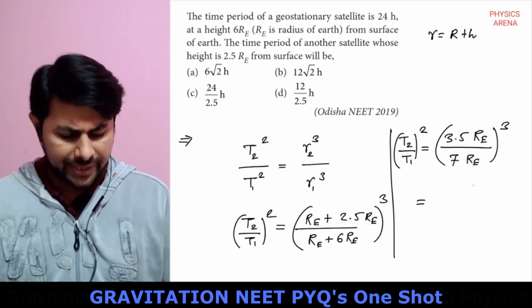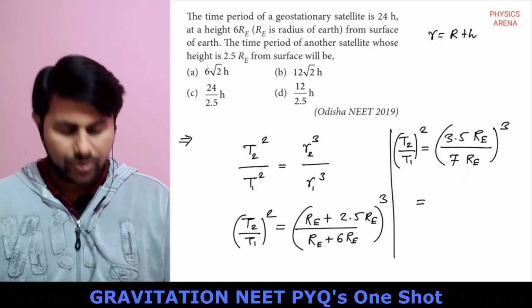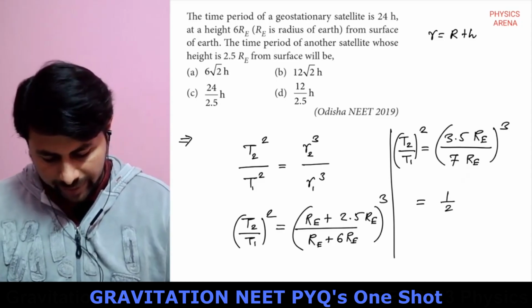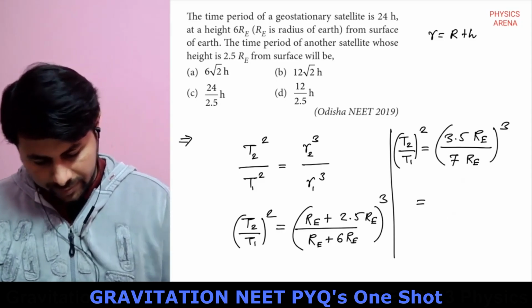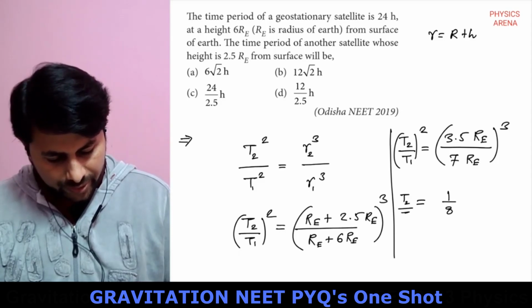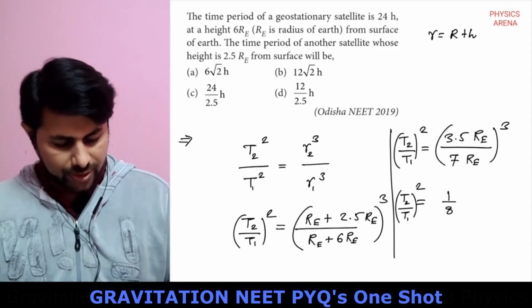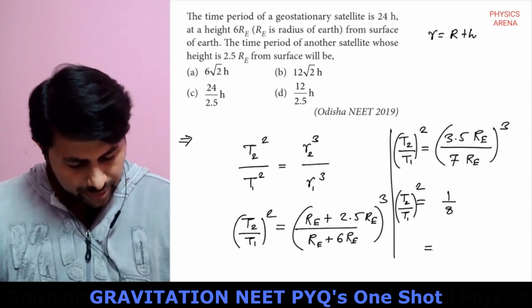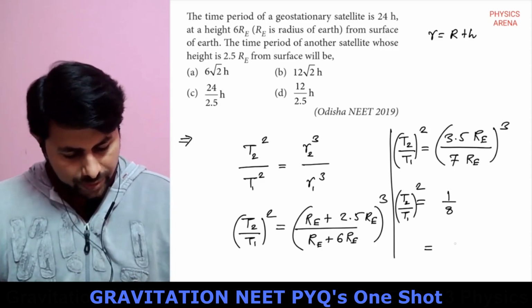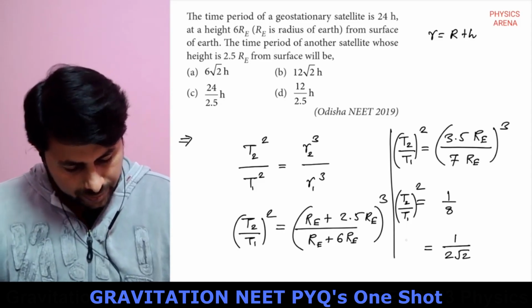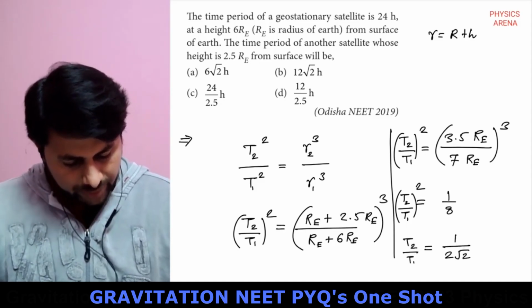Now you can take the square root on both sides. So 1 by 2 cube is 1 by 8. And if you take the square root, because this is T2 upon T1 square, so if you take the square root, it will be how much? So it is 1 upon 2 root 2. That's T2 upon T1.